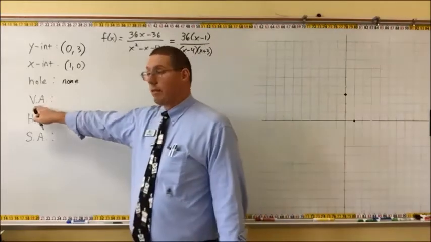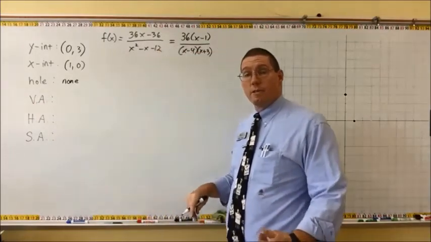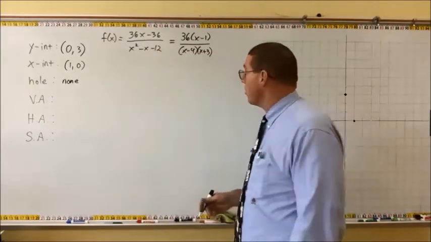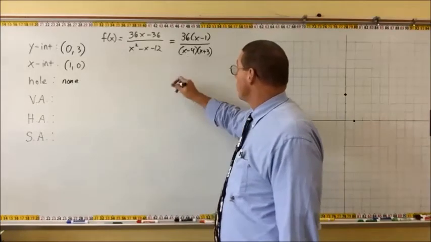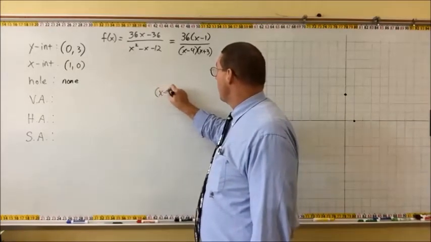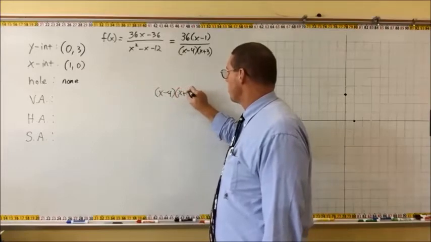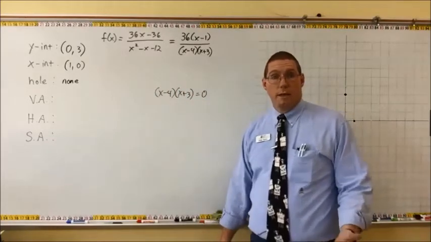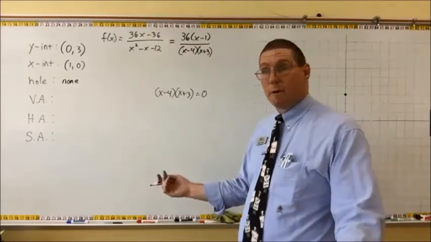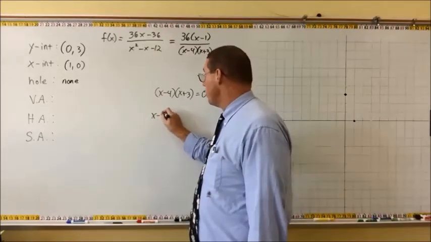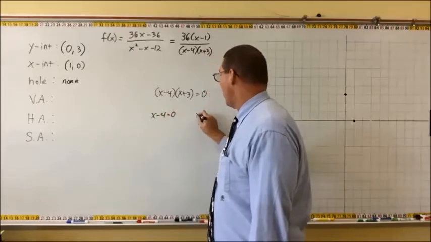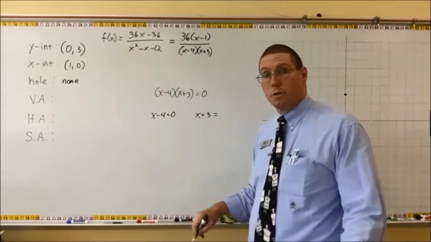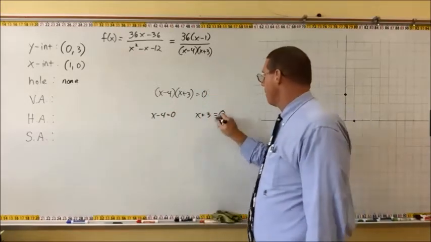Now let's look at the vertical asymptote. To find the vertical asymptote, we're going to set the denominator equal to 0. Well, this is interesting. Our denominator, x minus 4 times x plus 3 equals 0. We have two factors multiplied equal to 0, so we're going to set each one separately equal to 0. And what this means is that we're probably going to have two vertical asymptotes, which can happen.